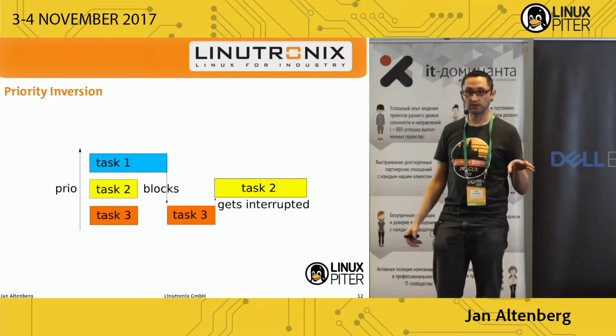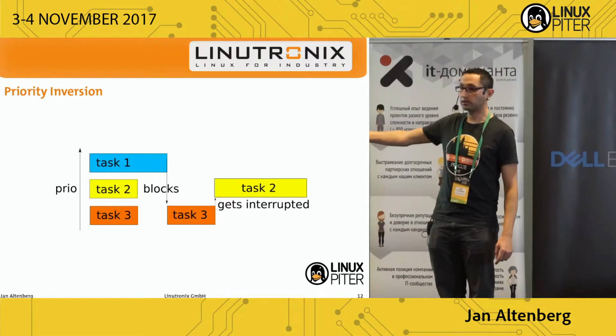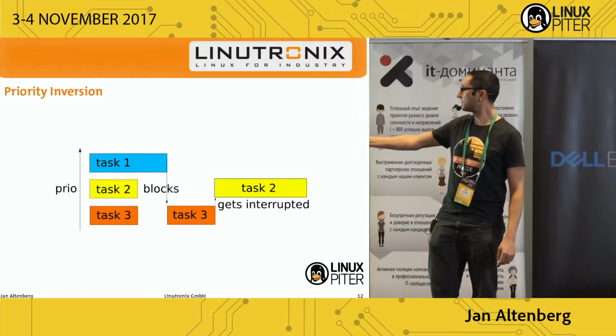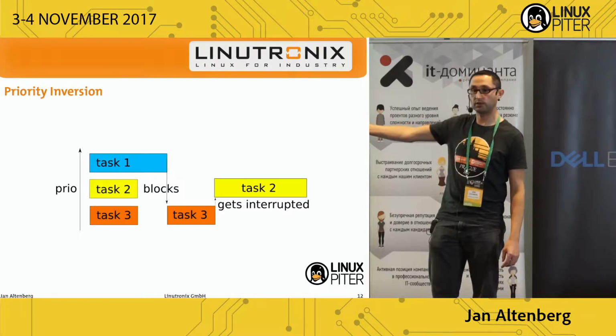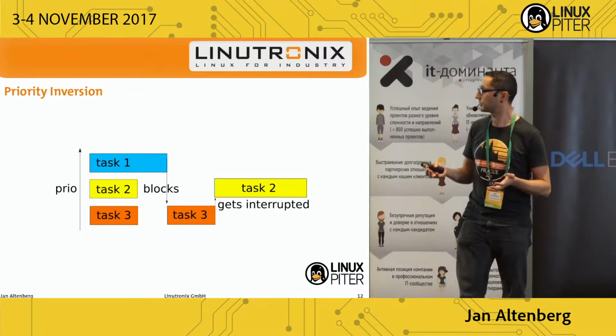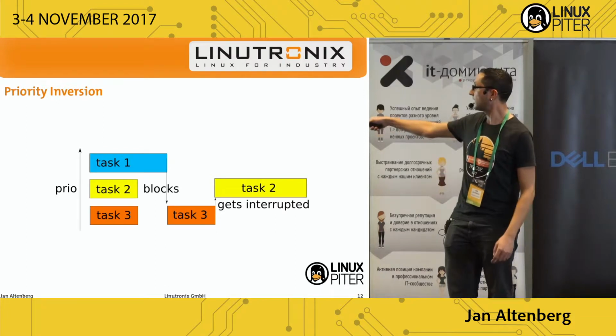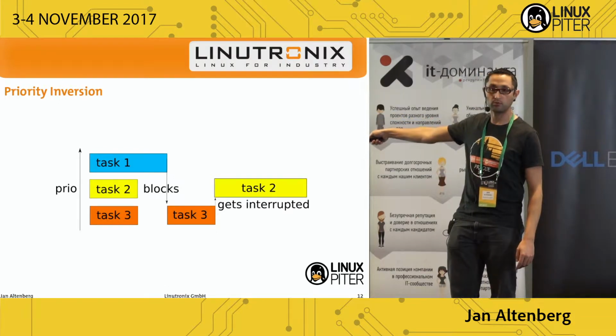That's also not a big deal. But now what could happen is we have a task with a priority in between, which is now interrupting task 3. So it can't free the resource and the highest priority task gets blocked. That's a very classic failure situation in real-time operating systems. We call this priority inversion because the high priority task is waiting for the low priority task.